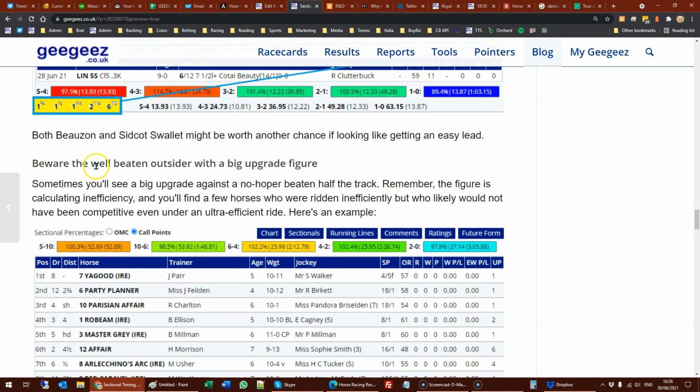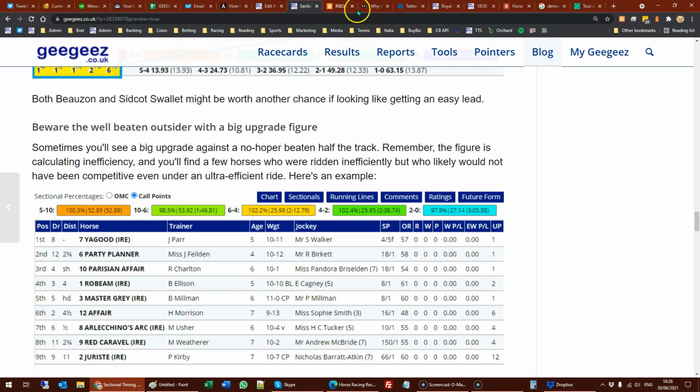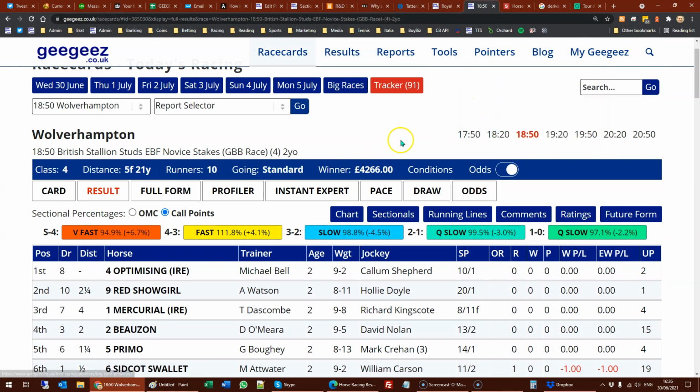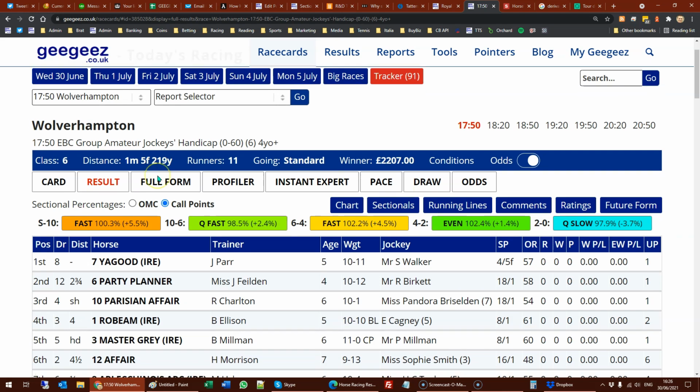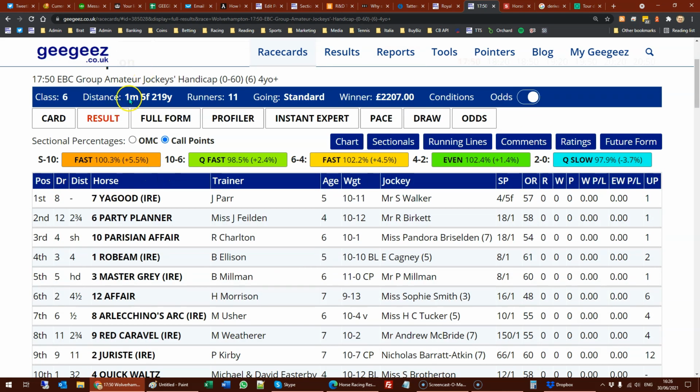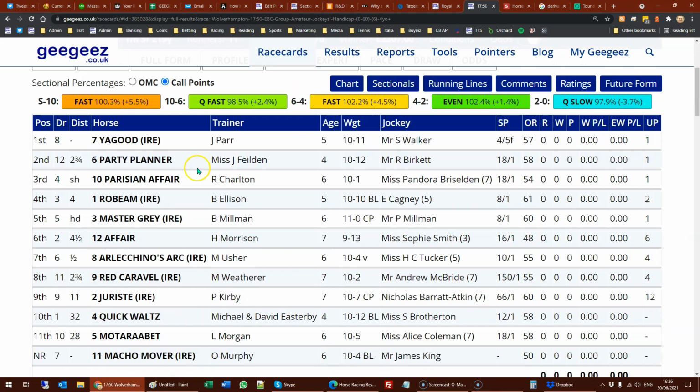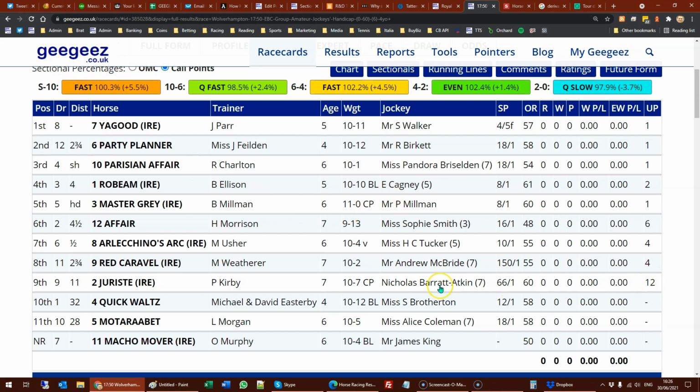Now, one other thing to be aware of is a well-beaten outsider with a big upgrade figure. And there's one in this opening race, which is a mile 6 amateur riders race. And we can see here the 9th horse, Jurist, was a 66-1 shot this day and got a 12 upgrade, which ostensibly marks the horse out as having a good bit more to give.